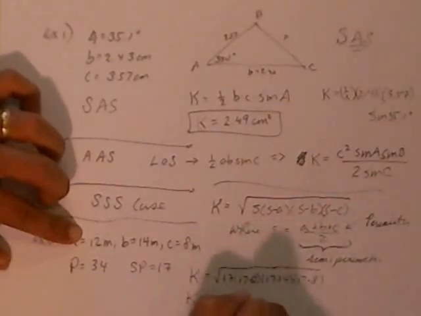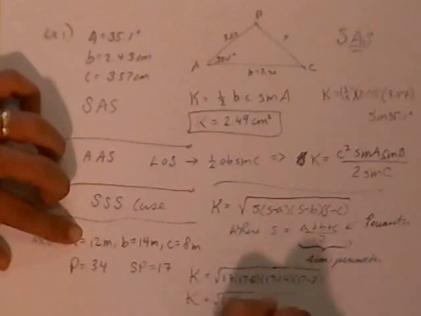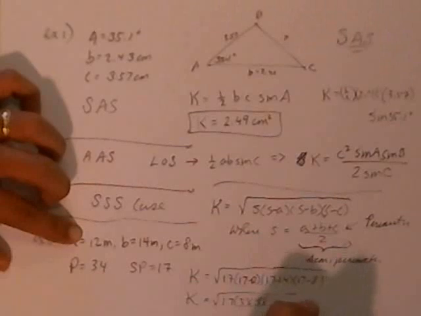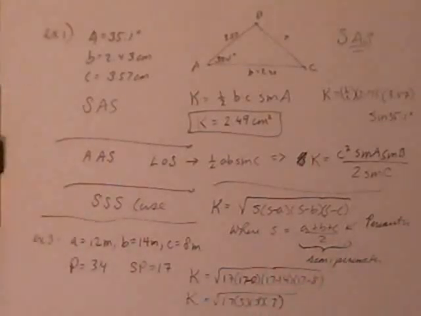The area is equal to the square root of 17 times 5 times 3 times, 17 minus 8, that's 7. I use my calculator.